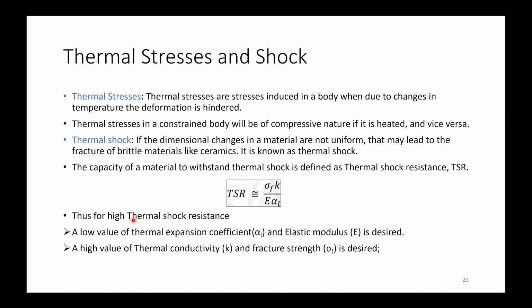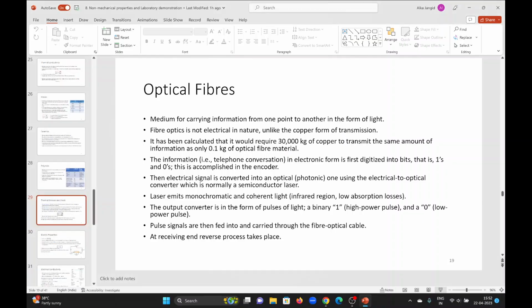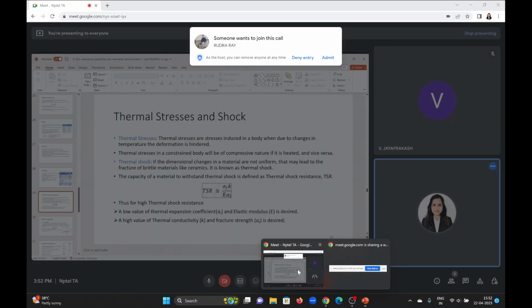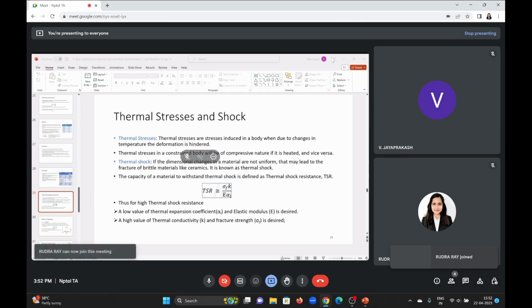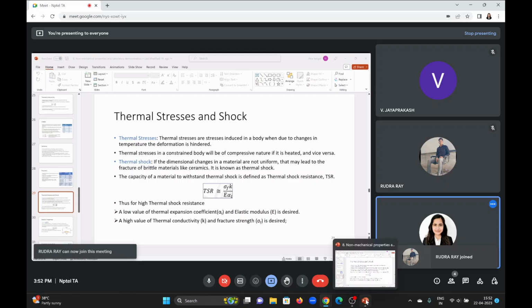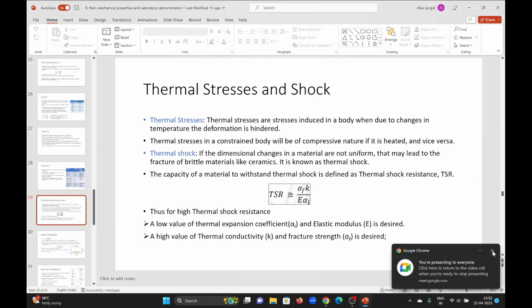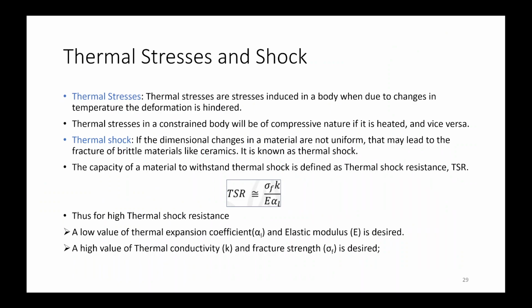So if we want very high thermal shock resistance so that the material doesn't fail because of this, then we will require lower values of these two, which are elastic modulus and thermal expansion coefficient.